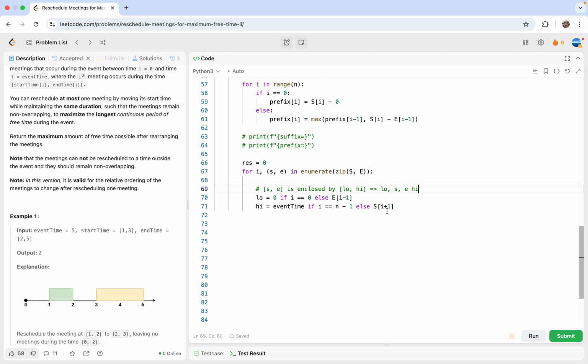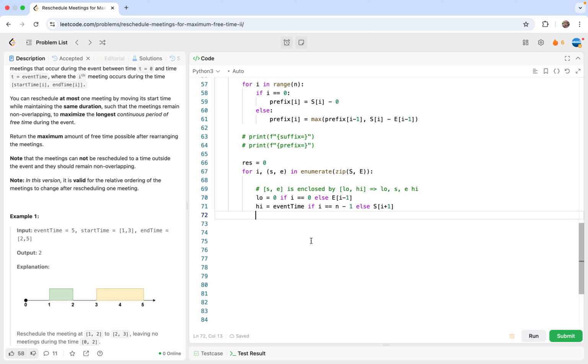So then there are two possibilities. We shift this S E towards the left to make S and low coincide, or we shift S and E to the right, make E and high coincide. So this way of arrangement does not change the order of the meetings.